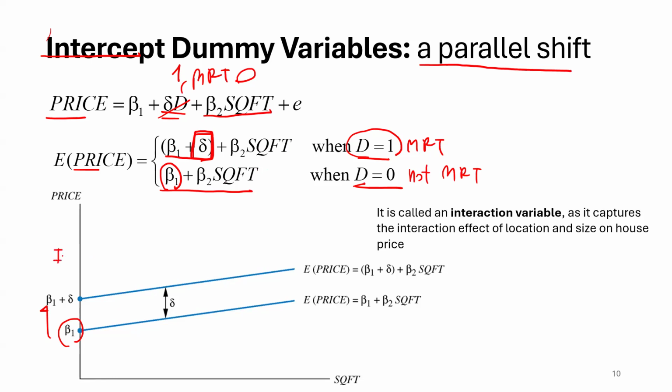So why is the price between a house that is close to MRT and not close to MRT different? It means the initial price is different, right? Initial price, so it means the intercept is shifted. Starting price, I may use a more formal word: starting price.